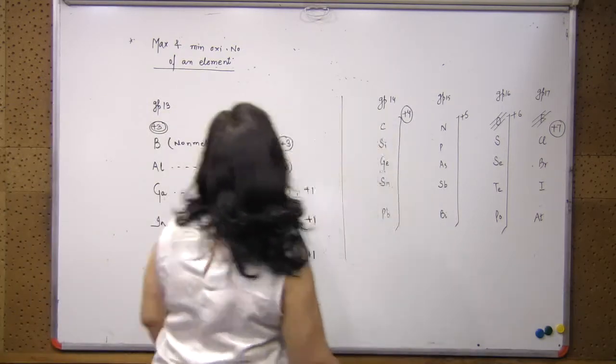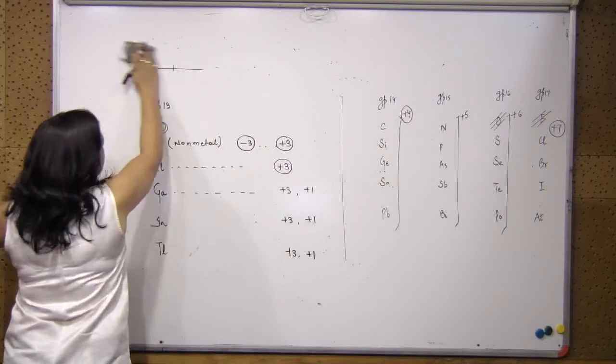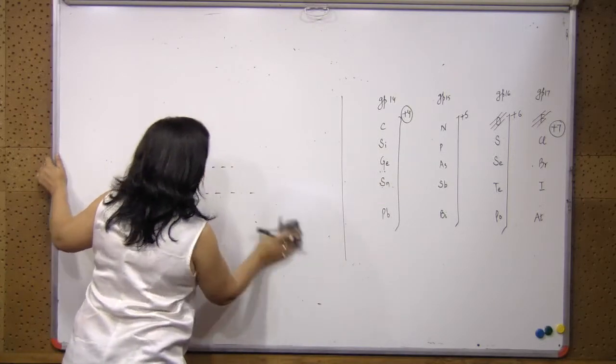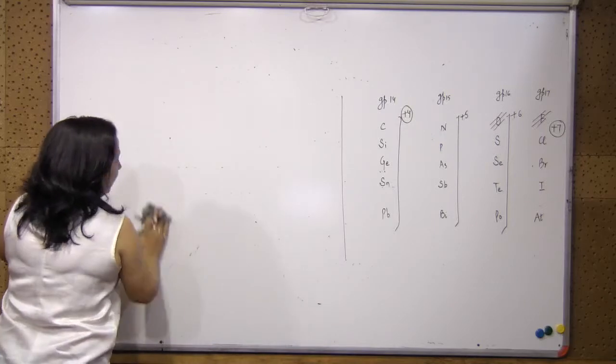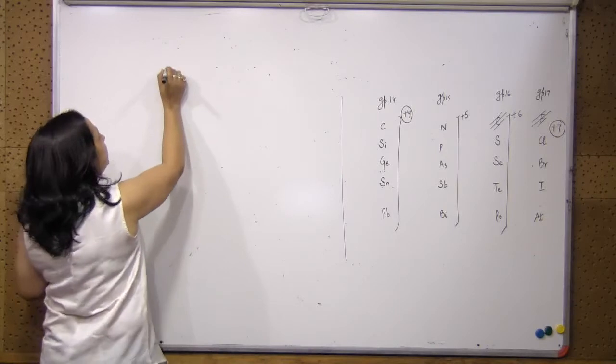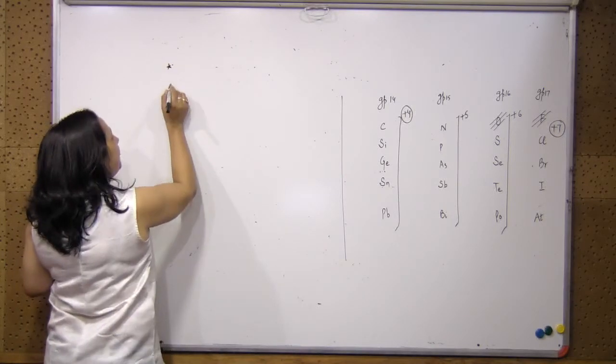The next, in the D block, we have a few elements. Their oxidation numbers, maximum and minimum, must be known to us.